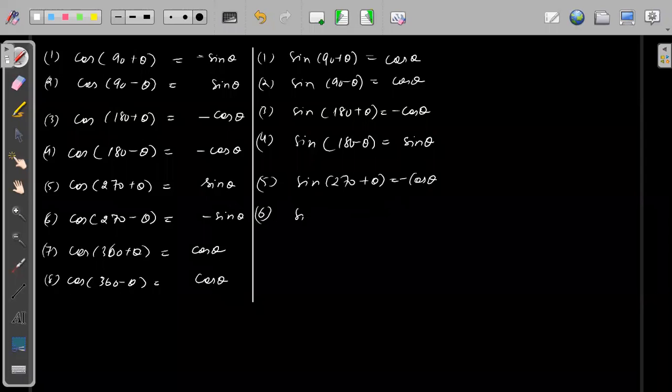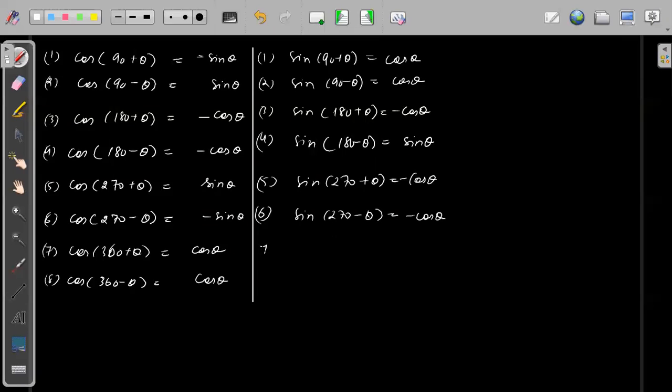Sixth, sine of 270 minus theta. Minus of cos theta, very good. Seventh, sine of 360 plus theta, sine theta. Eighth, sine of 360 minus theta will be minus of sine theta.